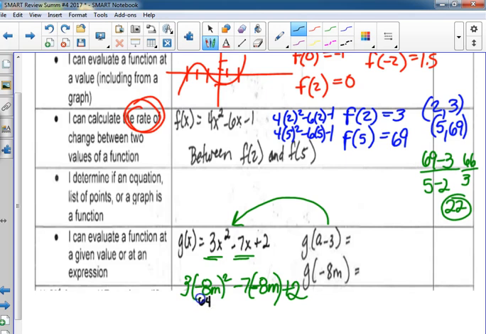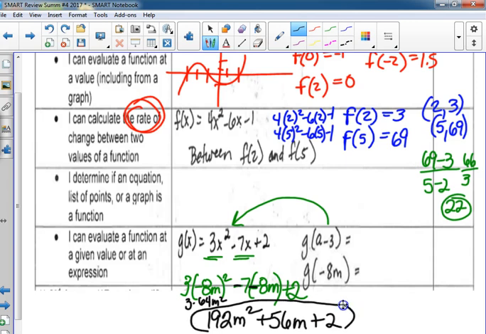So that would be 64m squared times 3, which is, I don't know, 192? Is that right? 192m squared. This would be plus 56m plus 2. Everybody gonna get that right? Because I think there's one like that on the quiz.